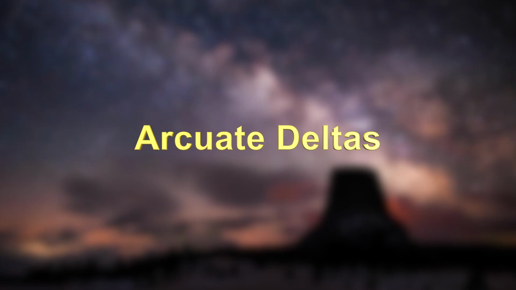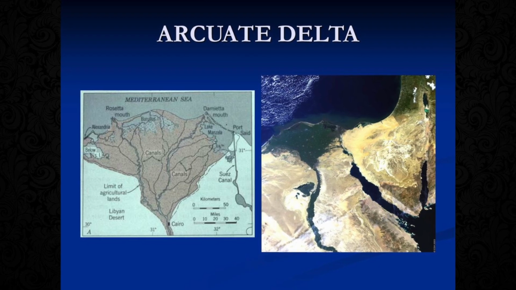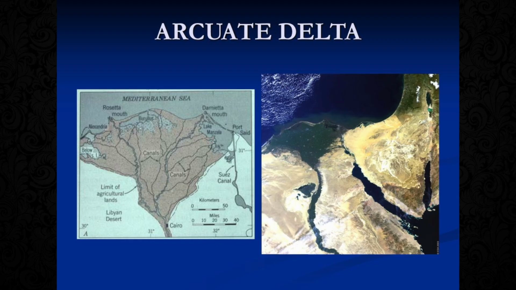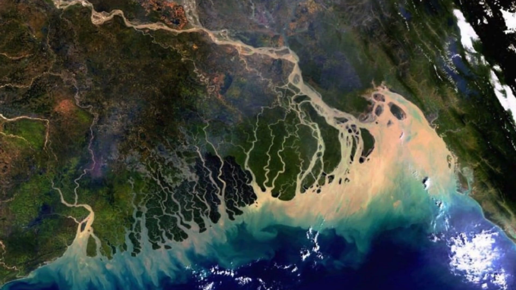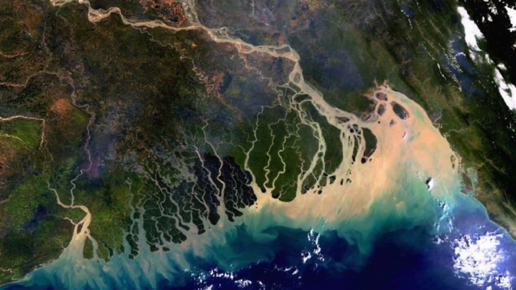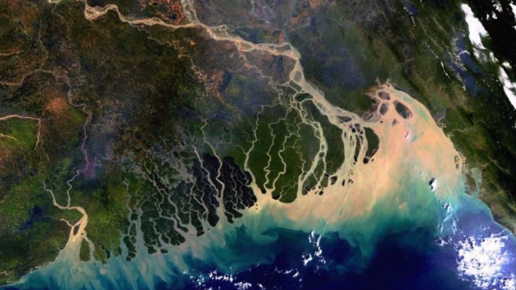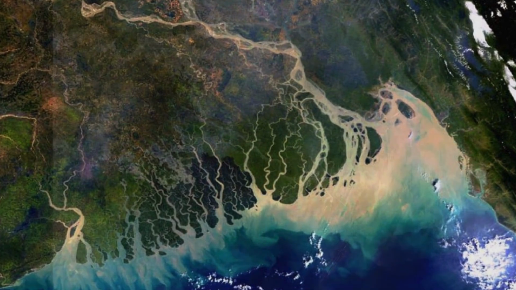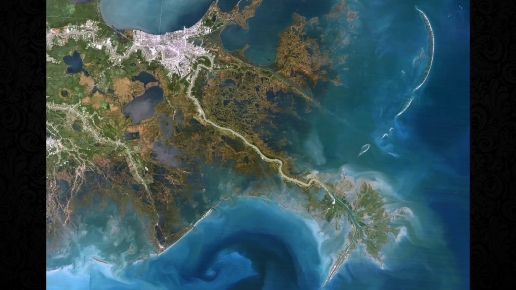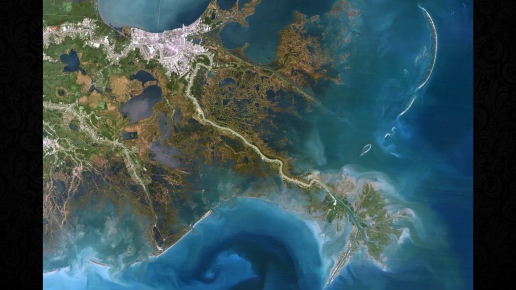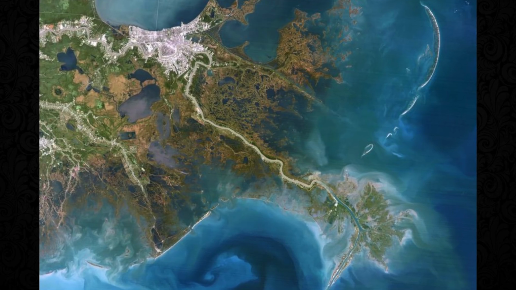Arcuate deltas are made of coarser materials including sand, gravel and silt. Arcuate delta is an example of growing deltas. It grows towards the sea every year. The arcuate deltas are semicircular in shape. The middle portion of the delta has a maximum extent towards the sea.